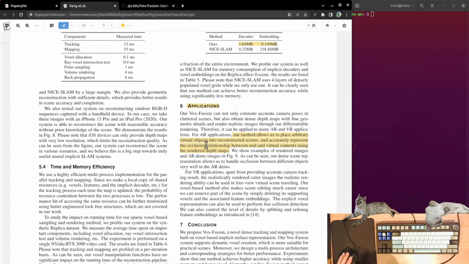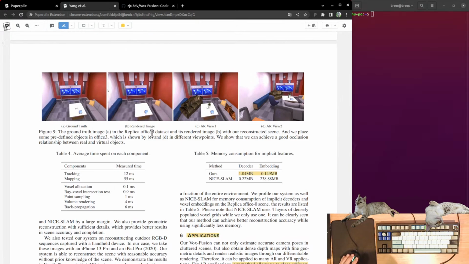You can have surfaces occlude virtual objects and so on. Okay, they have an AR demo, figure 9. Right, ground truth rendered image, and then they put this couch, and you can see how the corners of the couch and the chair occlude. The chair, which is real, occludes the couch.